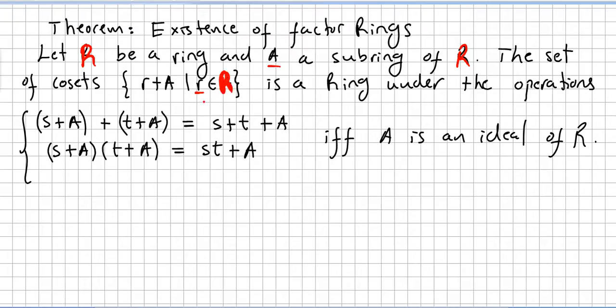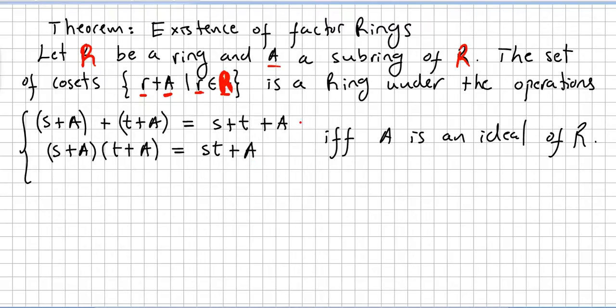The set of cosets r plus A, where A is the subring and r an element in the ring, is a ring under the operations s plus A plus t plus A equals s plus t plus A, and s plus A times t plus A equals st plus A.